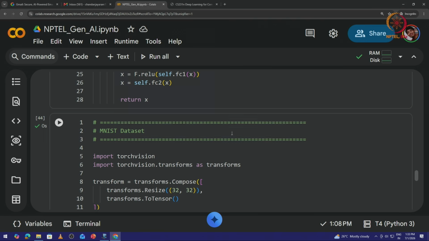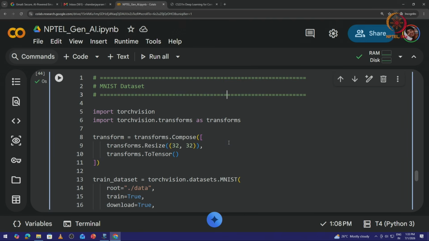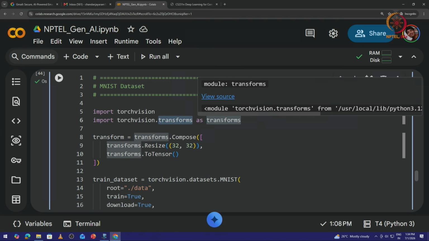Okay. So now let us look at how you get the data set. Here we are going into the case wherein the data set that we are considering is present in the PyTorch repository itself. So how do you get it? You want to use torchvision, and whatever input you have got needs to be transformed.